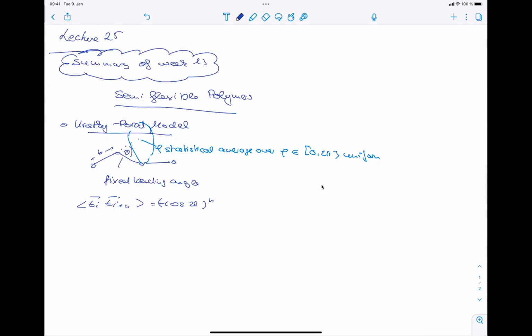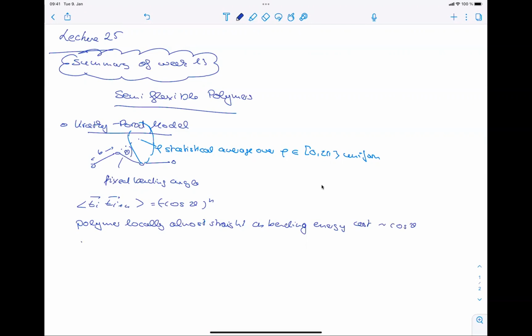What is useful as an insight from the Kratky-Porod model is that it's the first model where we consider that the polymer is locally almost straight, as there is a bending energy cost, which is proportional to the product of subsequent tangents. So it's proportional to cos theta.